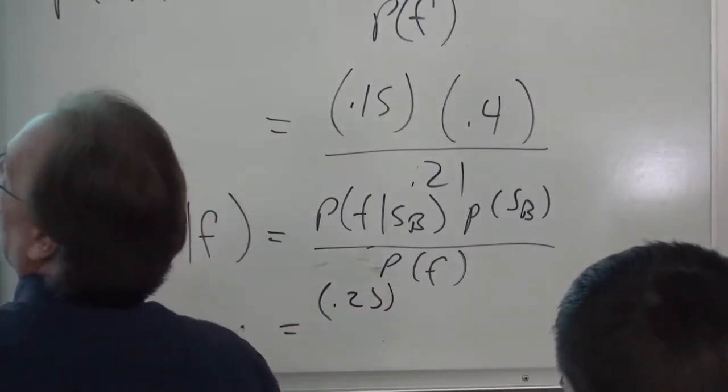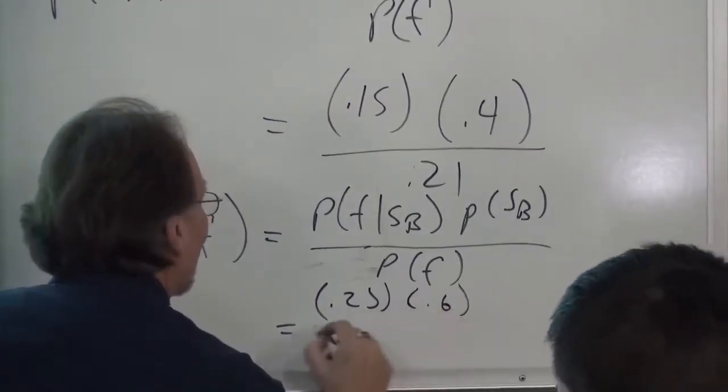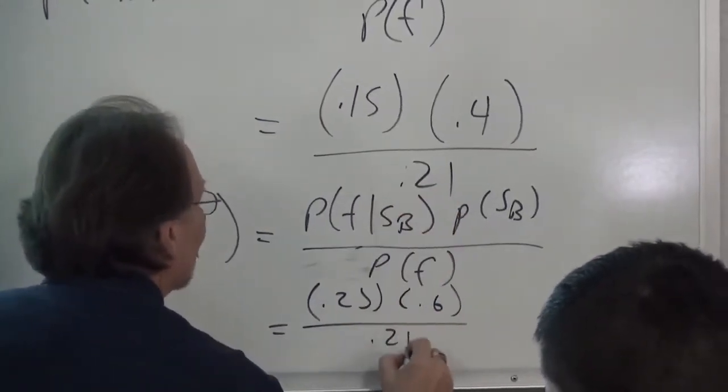The probability that it comes from supplier B is 0.6. And the overall probability of failure is 0.21.